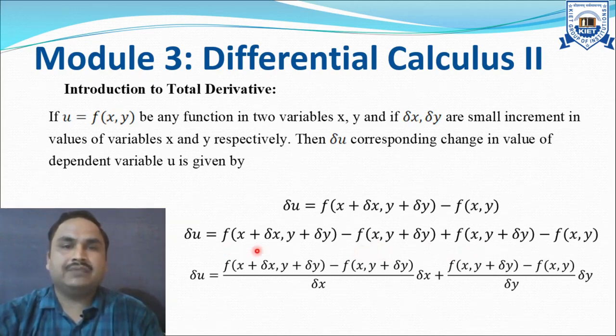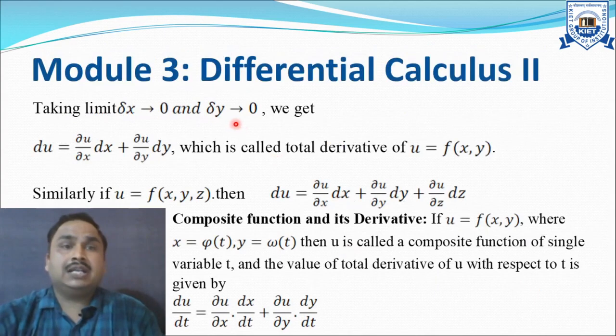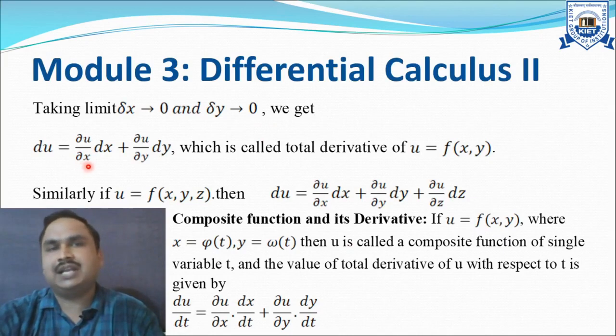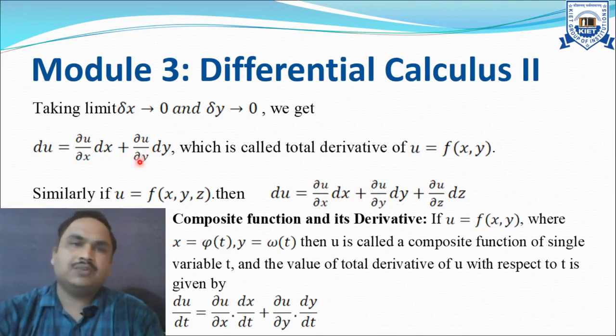Now combining the first two terms and dividing and multiplying by δx, similarly combining the last two terms and dividing and multiplying by δy, and then taking the limit δx tends to 0 and δy tends to 0, we get du equals ∂u/∂x dx plus ∂u/∂y dy, which is called the total derivative of the function u equals f(x,y).